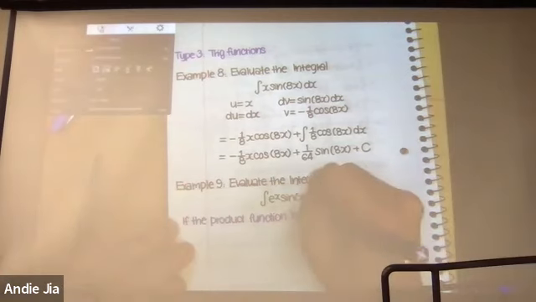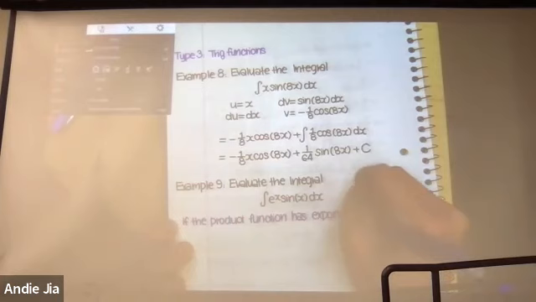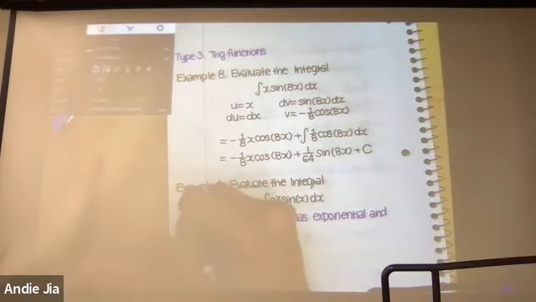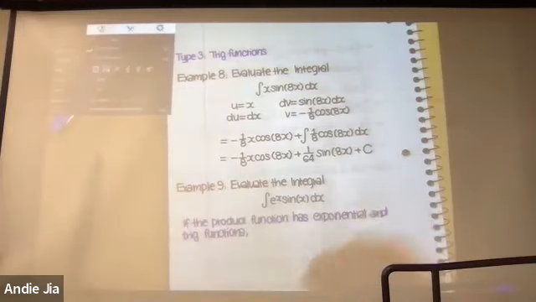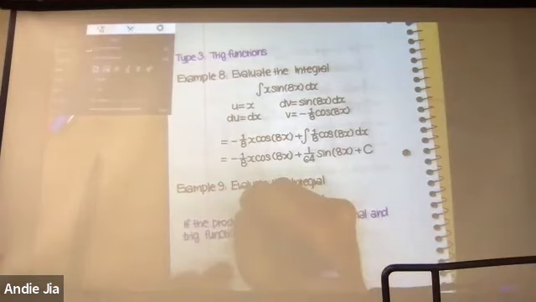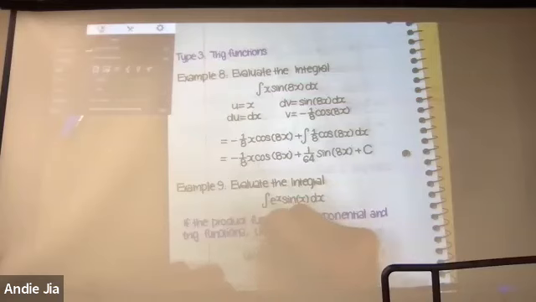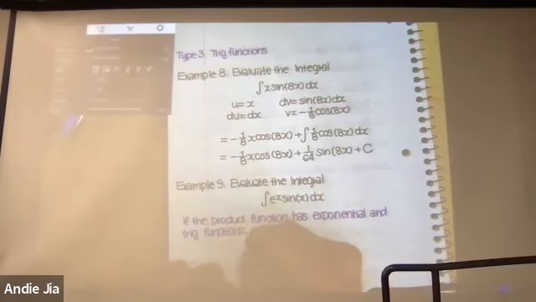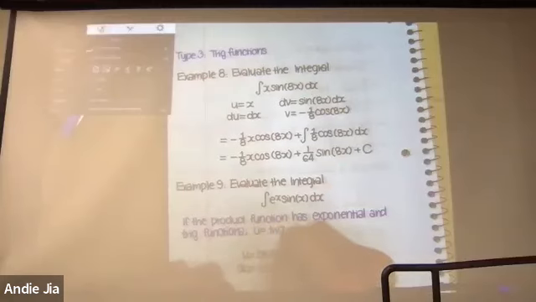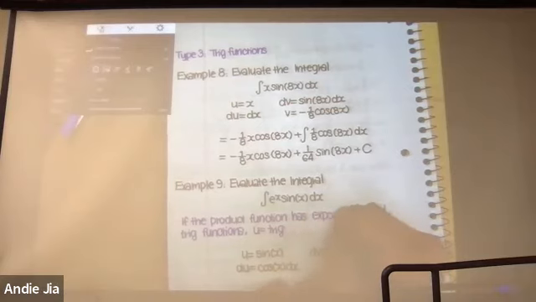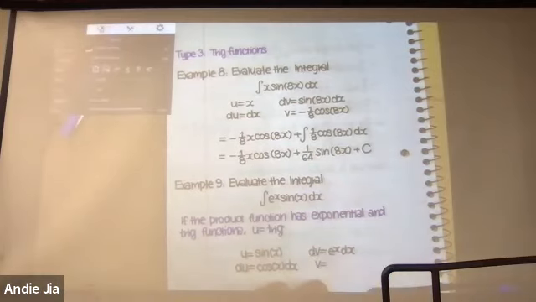As exponent and trig function, we let u equal the trig function. u equals sine of x, du is cosine of x dx, and dv is e^x dx, v is e^x.